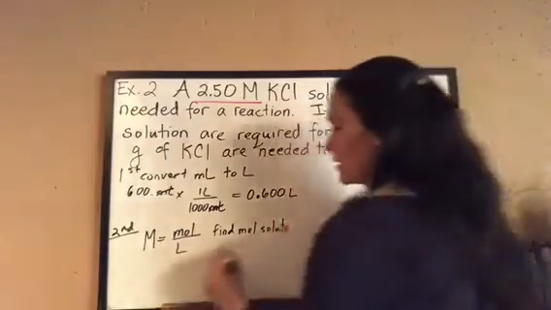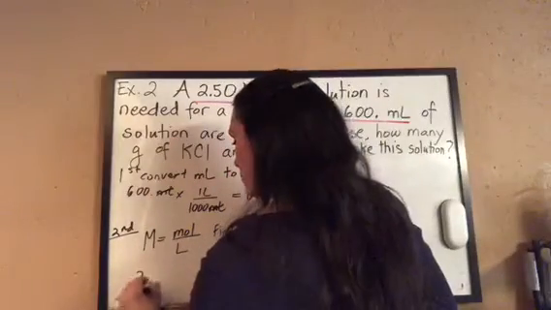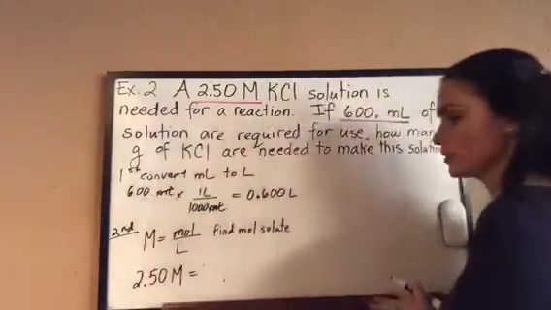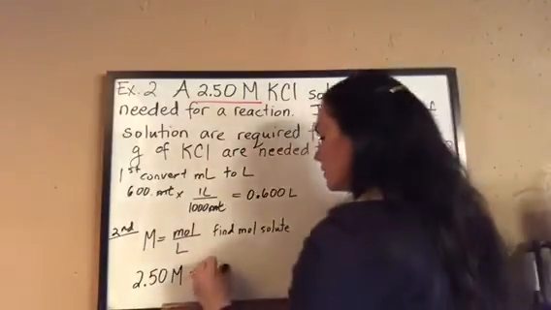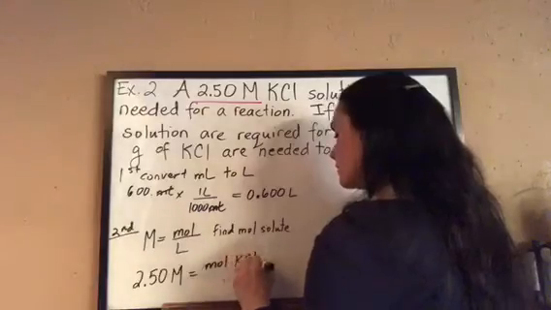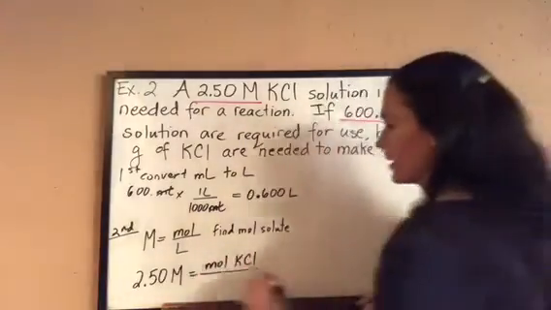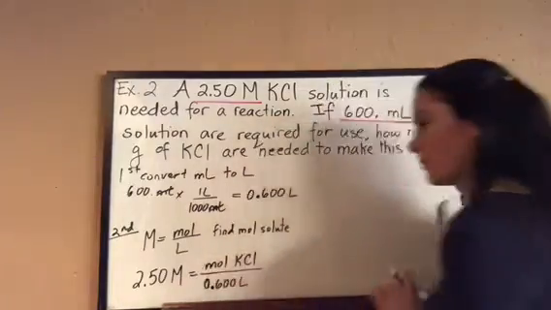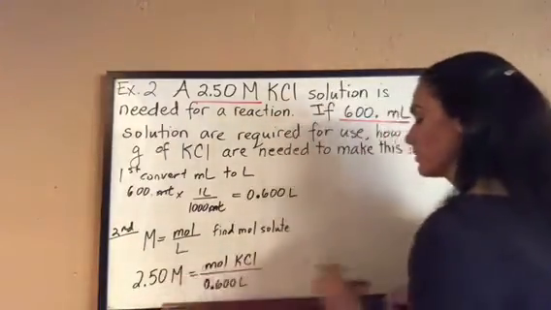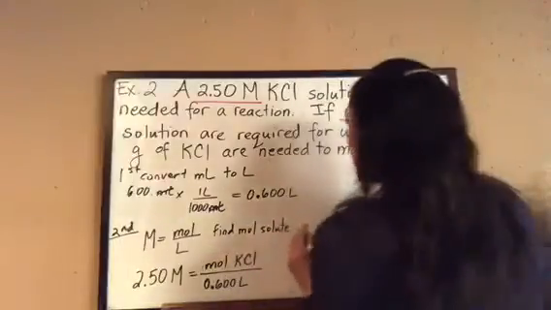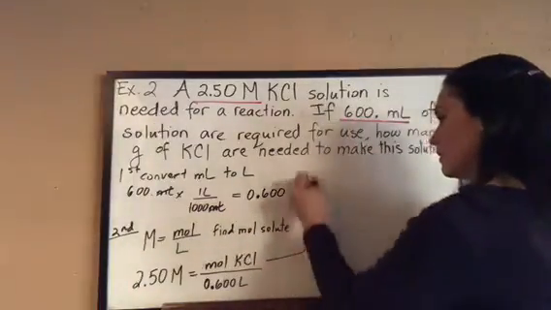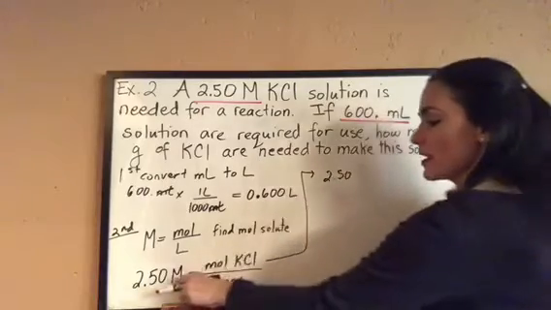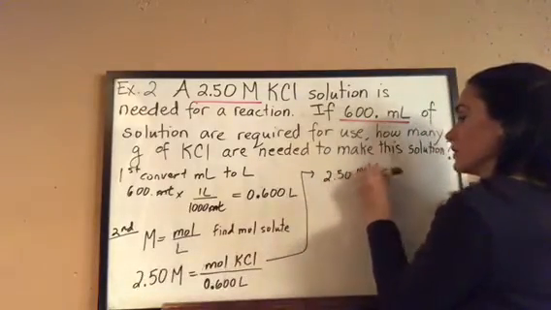Okay, so we have the molarity, the 2.50 molar concentration. The moles of potassium chloride, we don't know that, but we have the amount of solution. So we would multiply these two amounts together. Let me show that up here. Remember that the M stands for the moles over the liters.